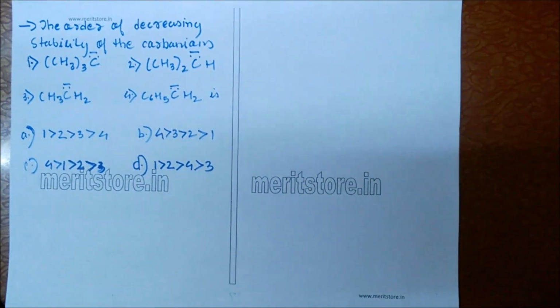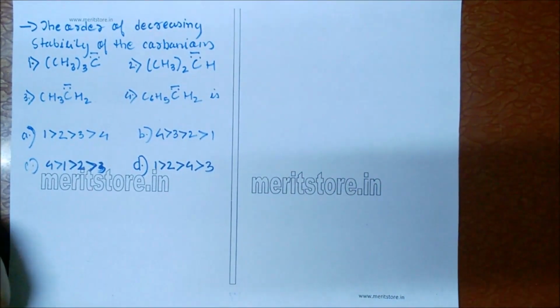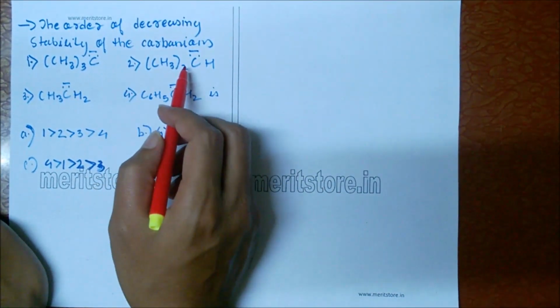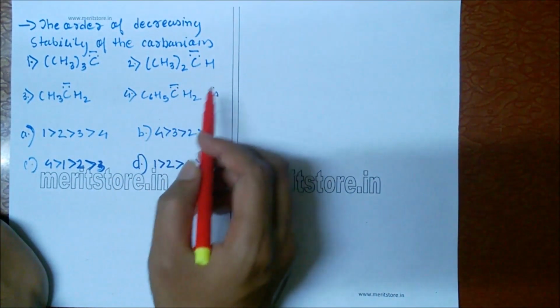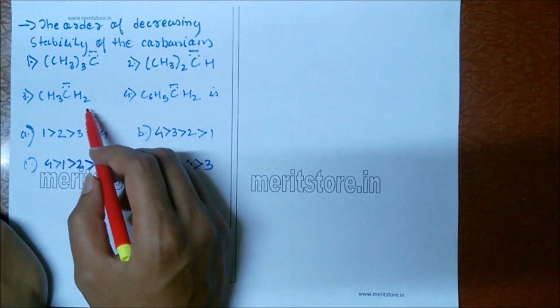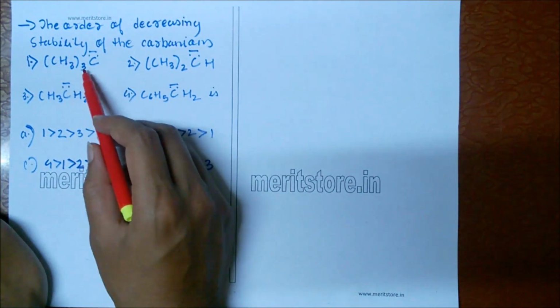The order of decreasing stability of carbanion is: this one is isopropyl carbanion, this one is benzyl carbanion, ethyl carbanion, and tertiary butyl carbanion.